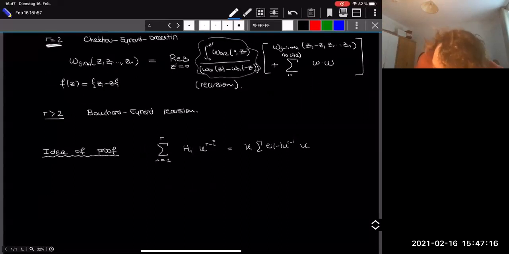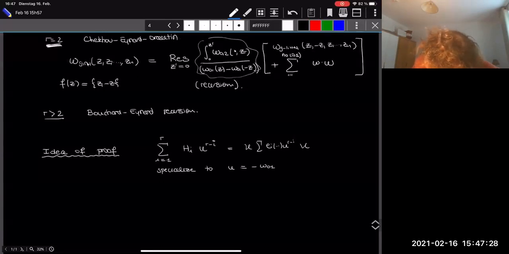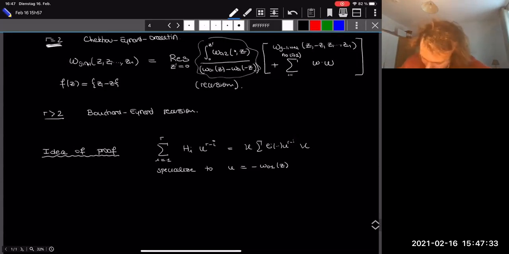So this thing here, if you specialize to u, which is minus omega 0, 1, this minus omega 0, 1, you can always define the s, which is the minimum of, what is the first dilaton shift that you did?